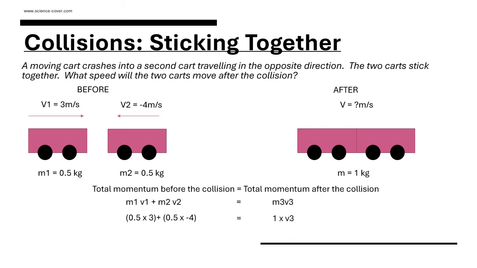And this is going to be equal to 1 multiplied by v3. Now if we calculate these values, we find that it's 1.5 plus minus 2. And this is equal to v3. So therefore v3 is equal to minus 0.5 meters per second. So this means after the collision, the two carts stick together and move at a speed of 0.5 meters per second to the left.